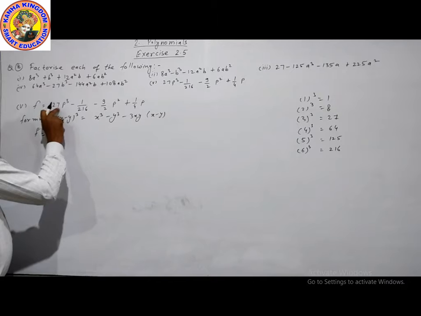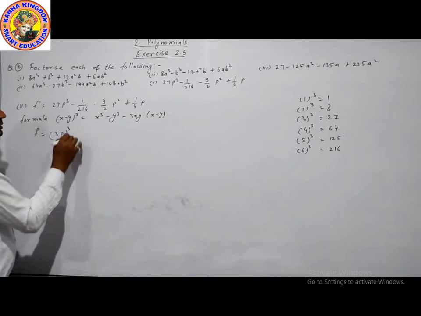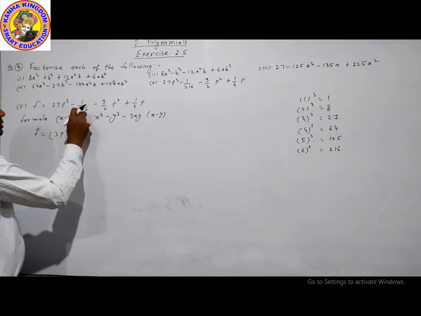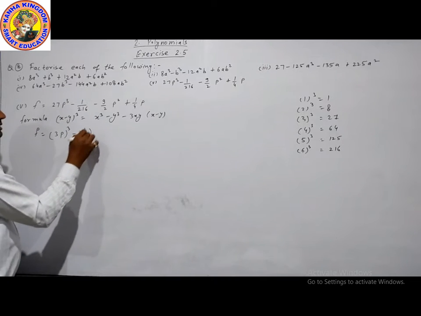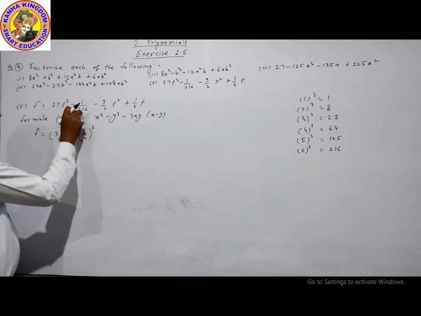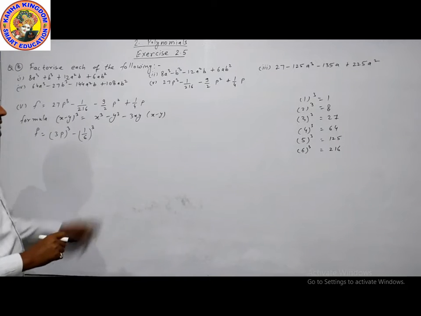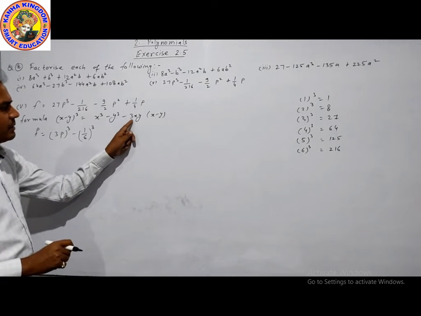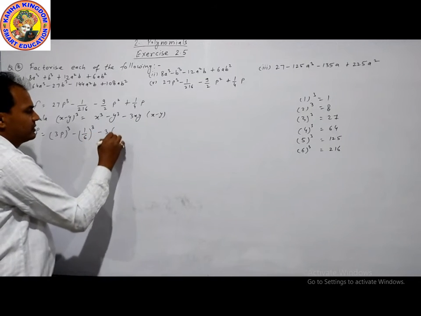The first term 27p cube, this is 3p cube. The second one is 216, which is 6 cube, so 1 by 6 cube. 1 cube is 1, 6 cube is 216. Now next one, taking minus 3 as a common.